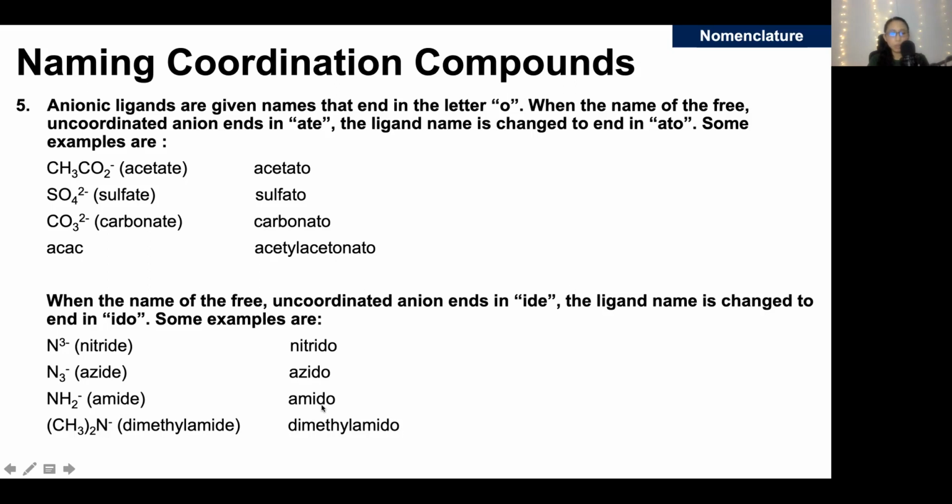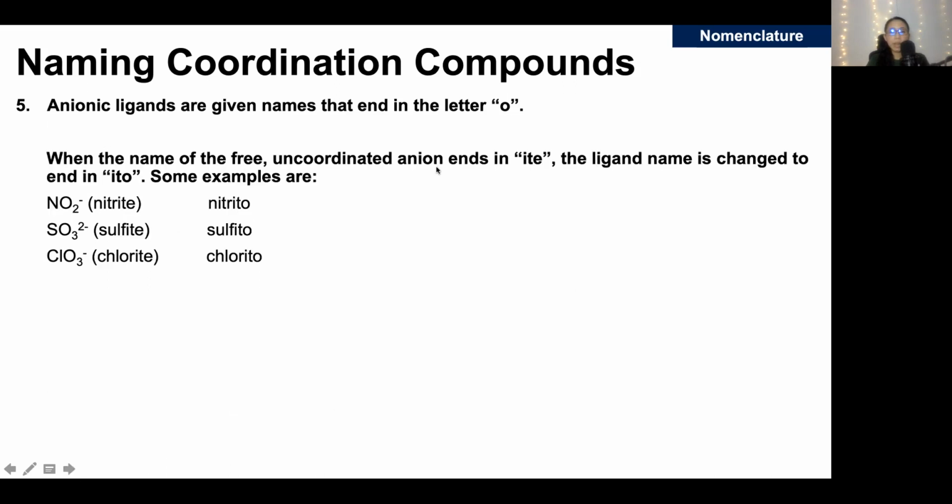Amide, amido. And dimethylamide, dimethylamido. If your anion's name ends in "ite", then you change the ending to "ito", such as nitrito for nitrite, sulfito for sulfite, chlorito for chlorite.